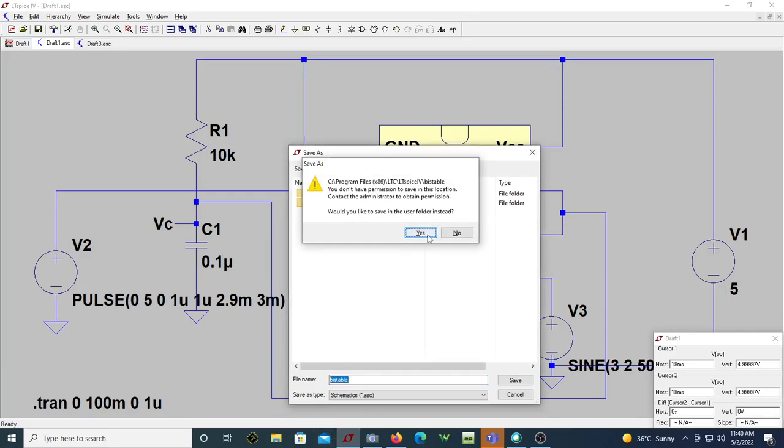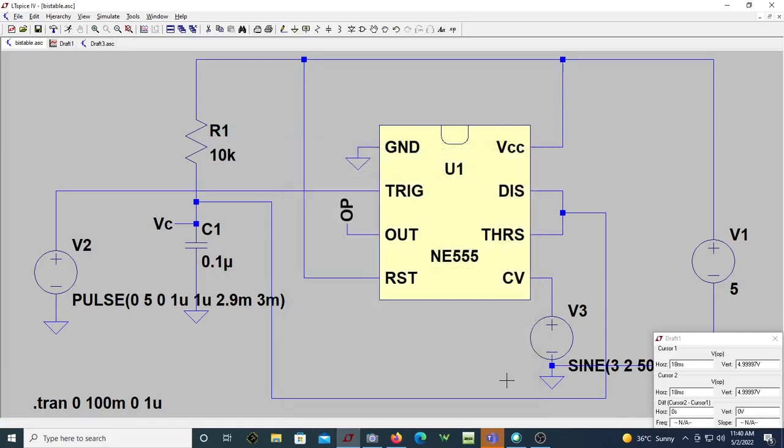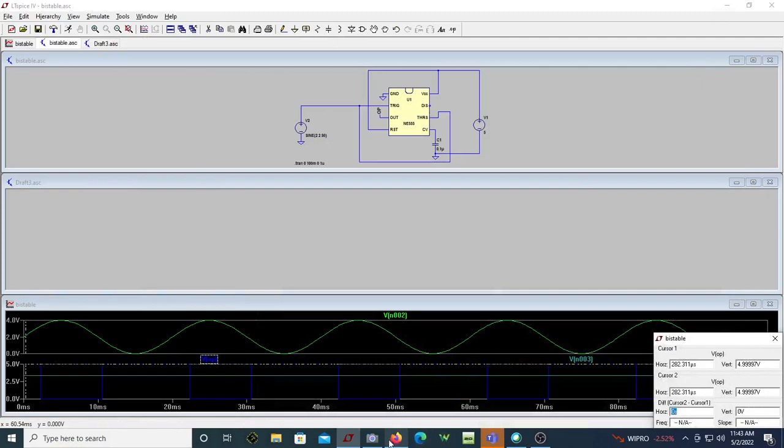This has been saved. Let me just come back to this. Okay, now we will see this circuit.